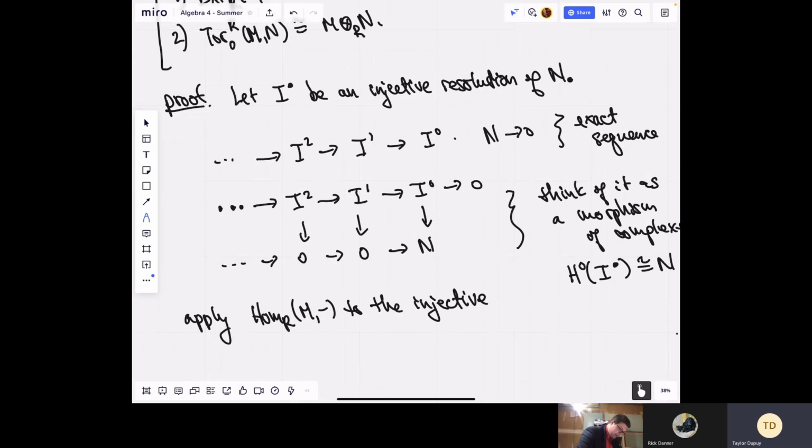Yeah, that would make sense too because the grading is all backwards. Okay, and this arrow should be going the other way.